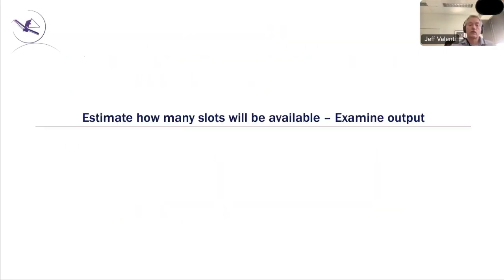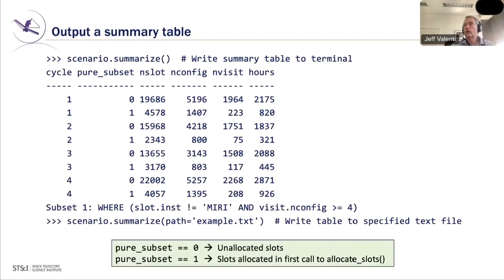All right, so then finally we go to the output. I think we're near the end here. So you can get a summary by just saying scenario.summary, and it'll write this little table here. As I said earlier, this pure subset is 0 for all the slots that were not allocated, 1 for the slots that were allocated the first time you called allocate slots, which in this example we only called once.